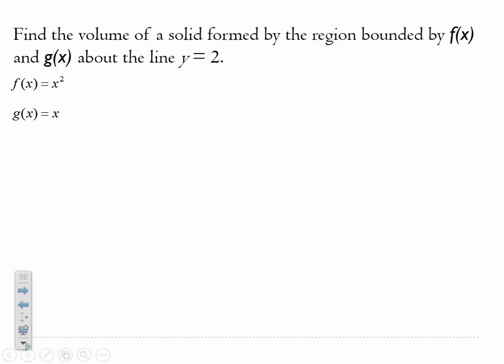We want the region bounded by these graphs rotated about y equals 2. We've worked with this region multiple times by now, haven't we? y equals x and y equals x squared.